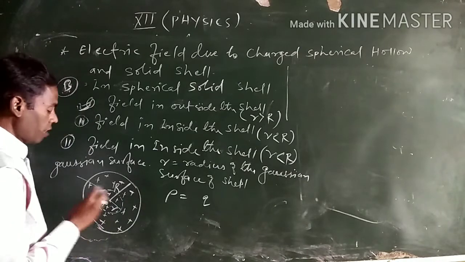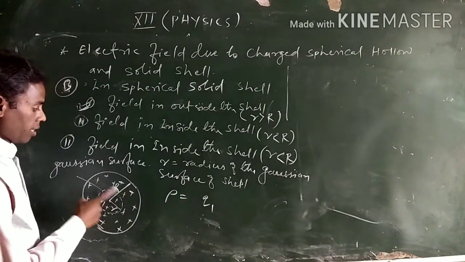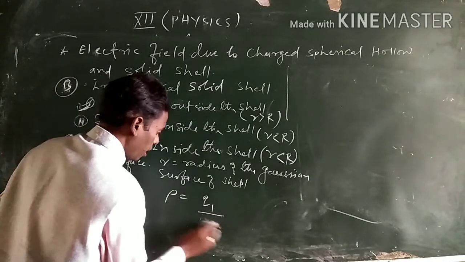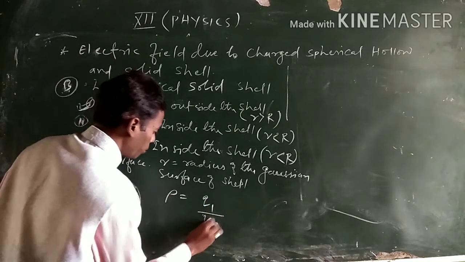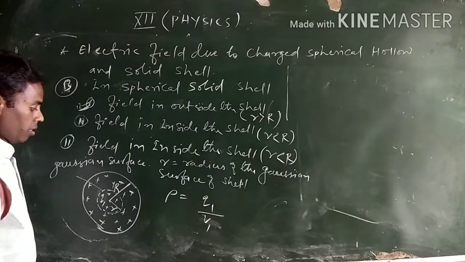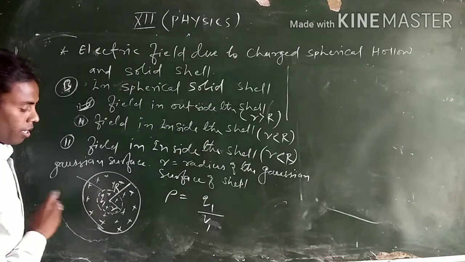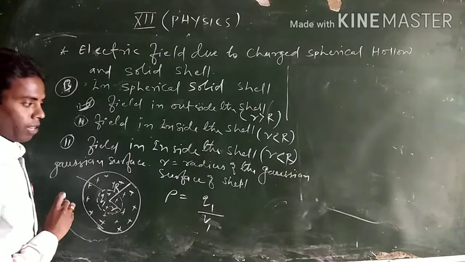Suppose Q1, the net charge inside the Gaussian surface Q1, divided by our volume V1 is the charge per unit volume, that is rho. V1 is equal to 4 by 3 pi small r cube this time now.